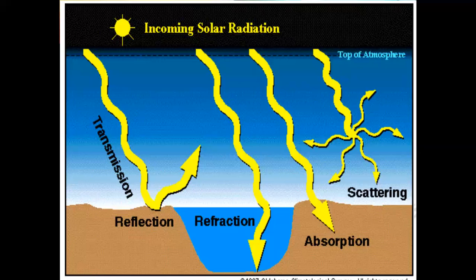So these are important for the purposes of scattering and diffuse reflection. Thus, it is clear that the loss of incoming solar radiation in the atmosphere is in direct proportion to the amount of water vapor present.